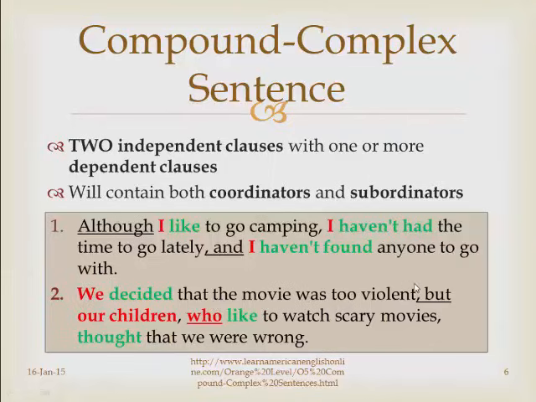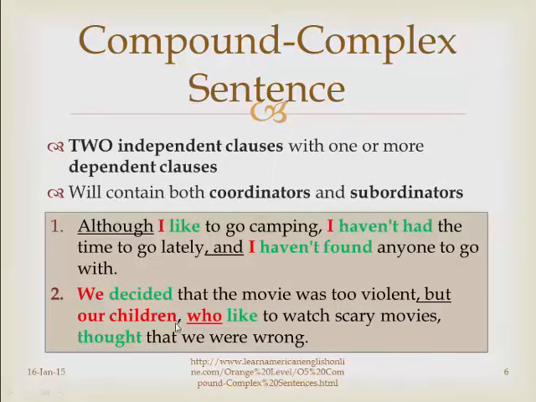So that's an independent clause. It can stand on its own. What's the second independent clause? There's a clue here because you have the coordinator but. So our children, where's my verb? Yep, our children thought that we were wrong.